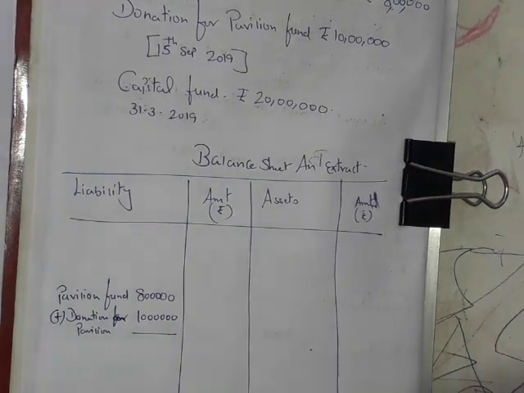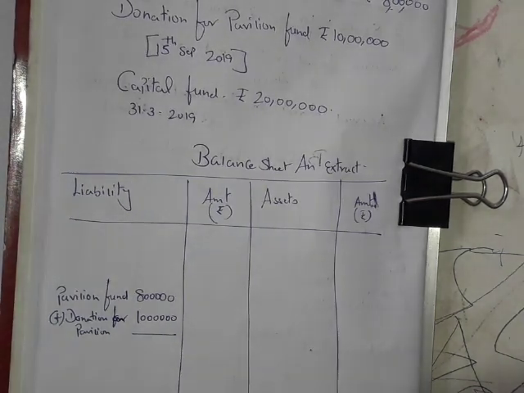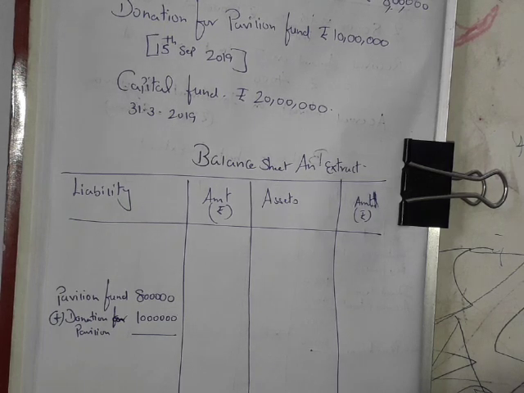Now if you look at it, our question is very clear. We need to prepare for the year ended 31st of March 2019 or for 31st March 2020. We need to show for 2020, though it is not given in the question.